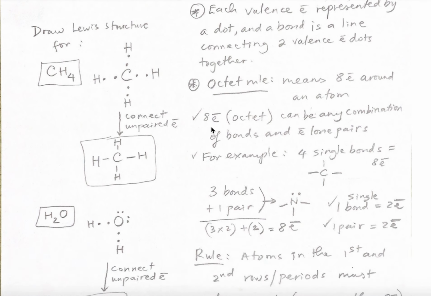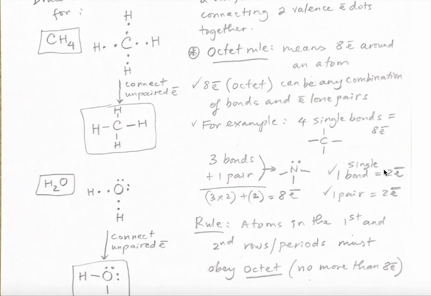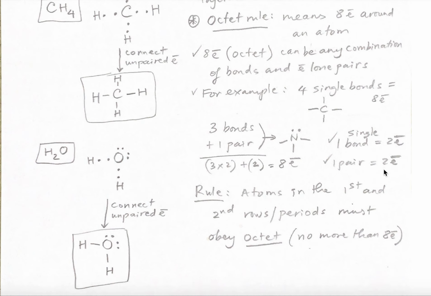Okay, so the octet can be any combination of bonds and electron lone pairs. For example, if carbon has 4 bonds, remember each single bond is composed of 2 electrons. So 4 single bonds equal 8 electrons. That's an octet.